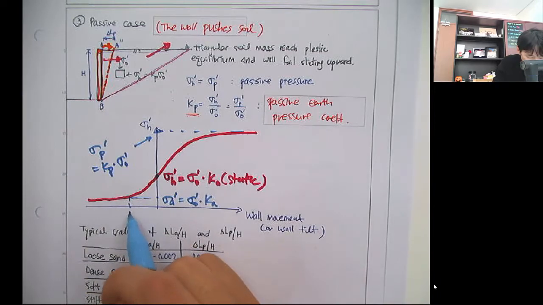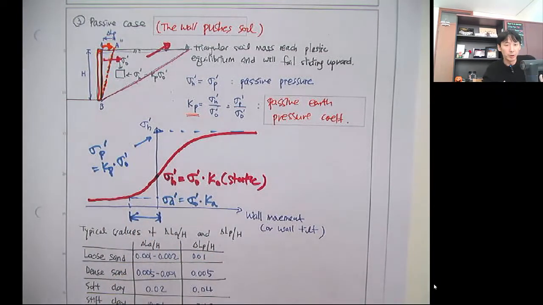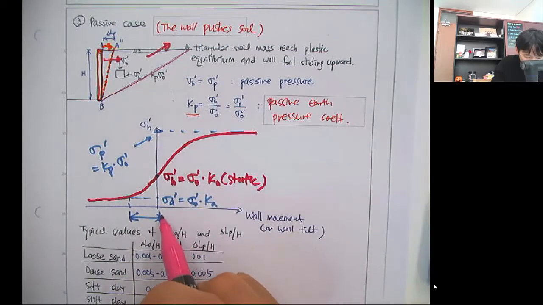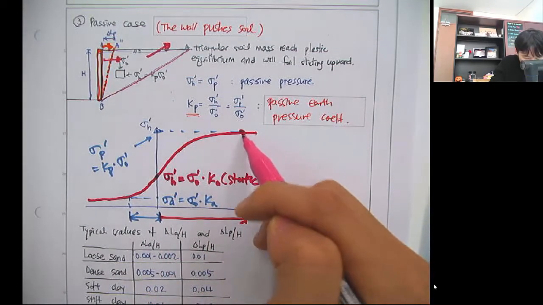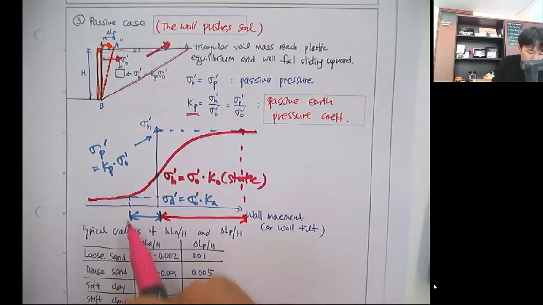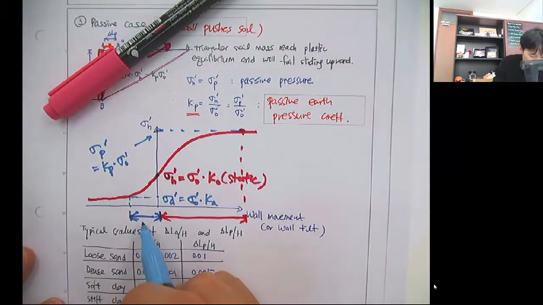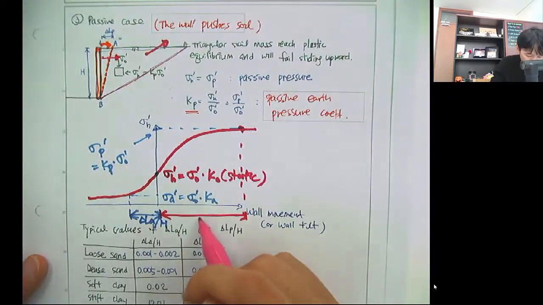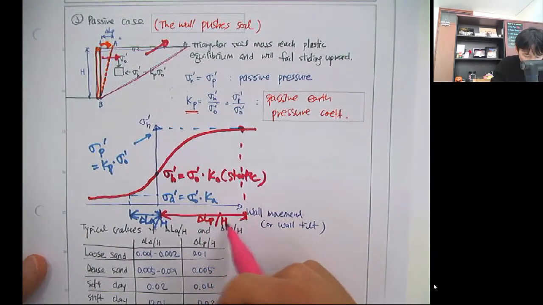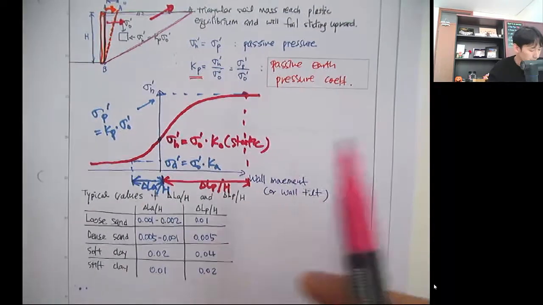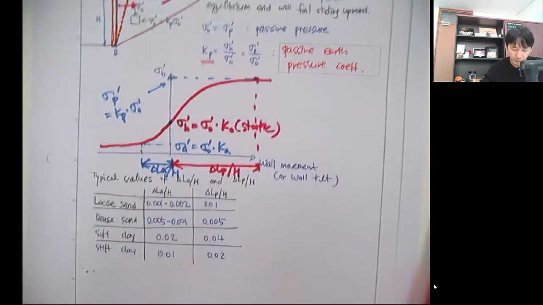And when you think about the deformation, the amount of deformation required to fail the soil to reach the plastic equilibrium. For the passive case, you require this much. But for the active case, you're going to require this much. So this is delta LA over H, and this is delta LP over H. So in the passive case, it requires a higher amount of displacement.